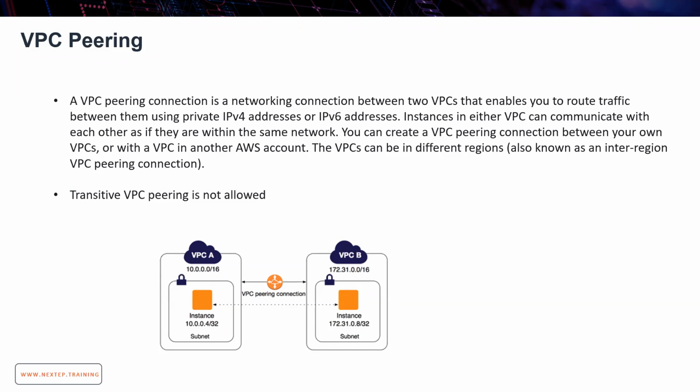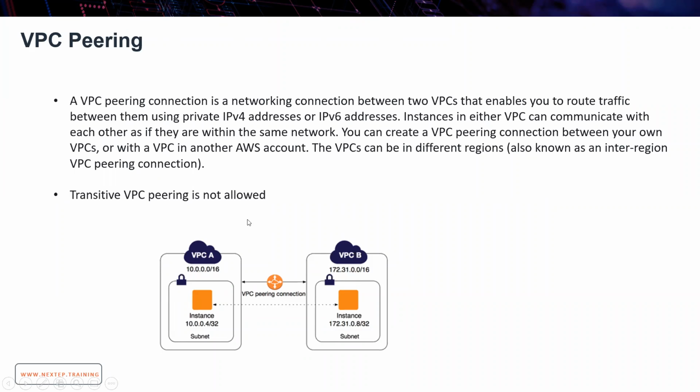Okay, so there is another concept here called VPC peering. So let's say you have a VPC A, and VPC A has this IP range of 10.0.0.0/16. And let's say VPC B has a completely different IP range, 172.13.0.0/16.